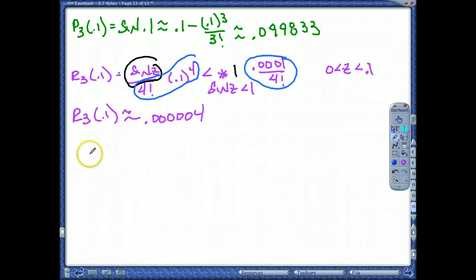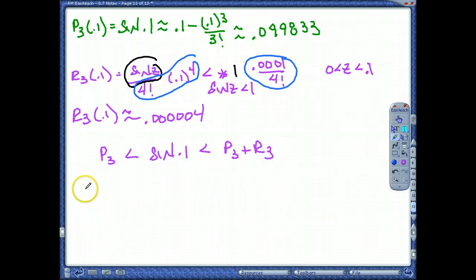Alrighty, so I know that my answer is going to be in between P3, and this is the true answer, and this is our P3 plus R3.